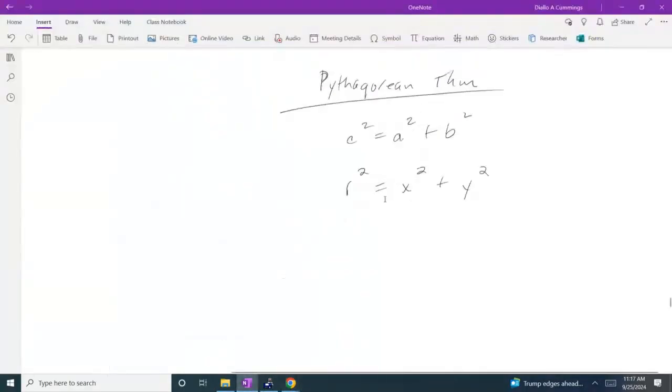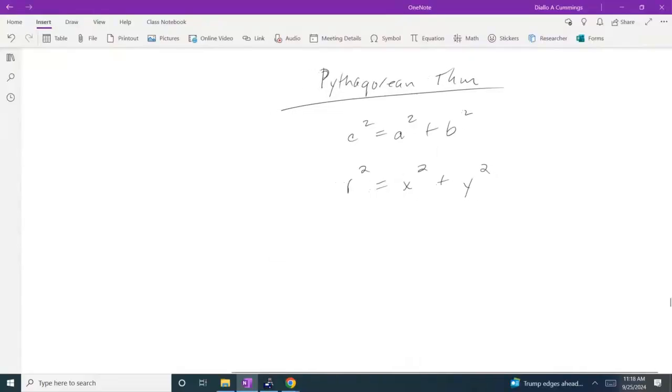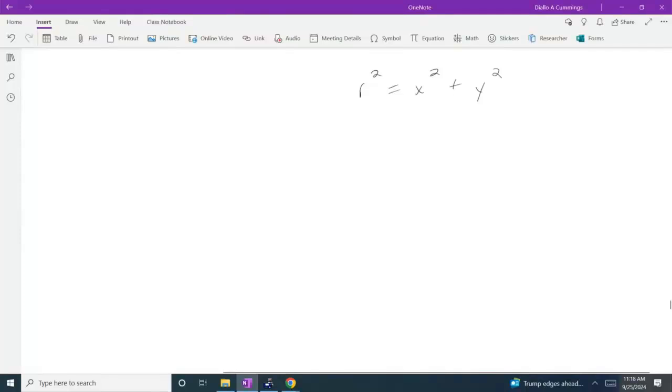All right. So we have r squared is equal to x squared plus y squared. So this is the Pythagorean theorem we've been dealing with. So if I take the Pythagorean theorem, r squared is equal to x squared plus y squared, and let's say I divide both sides by r squared.